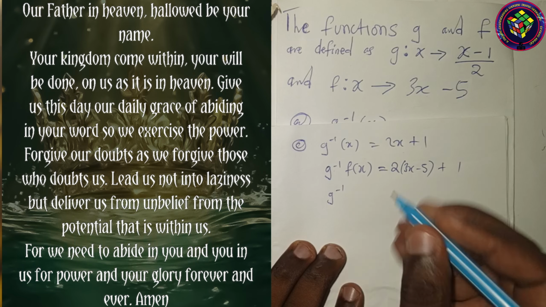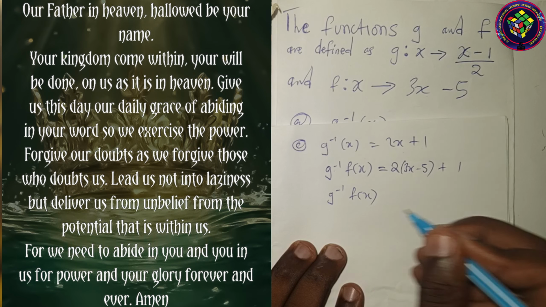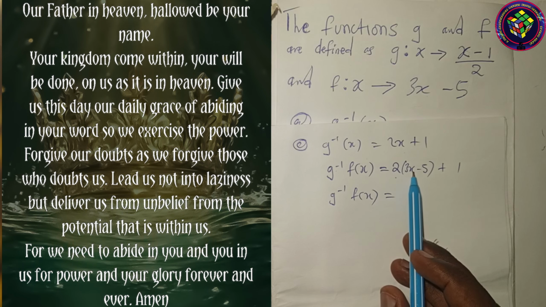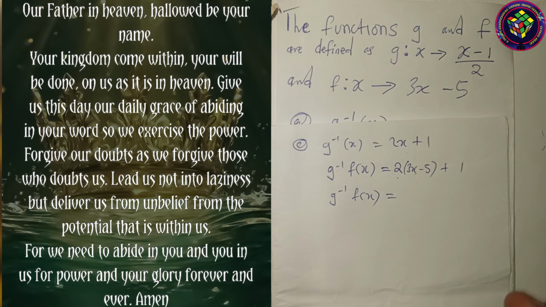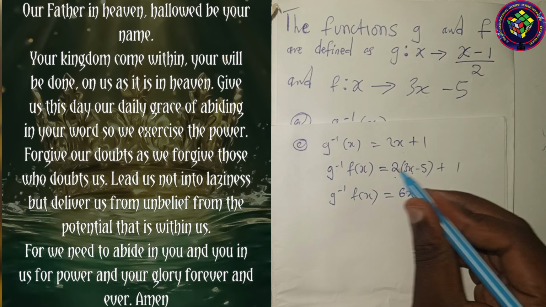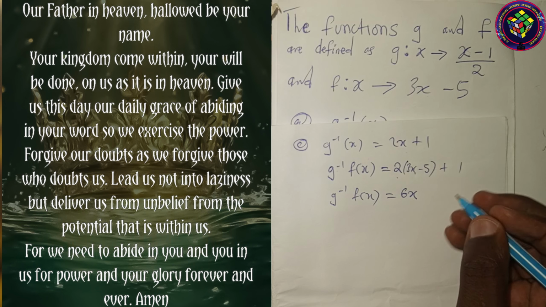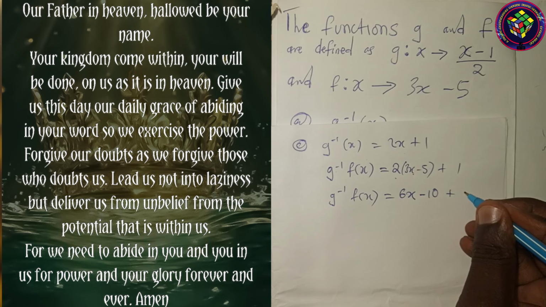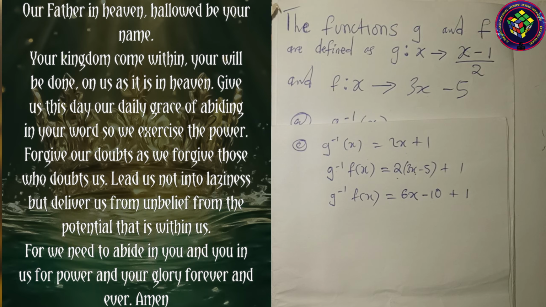So here we multiply 2 through 3x minus 5. So say, what is 2 multiplied by 3x? Yes, we get 6x. 2 multiplied by minus 5, yes, we get minus 10, then plus 1.